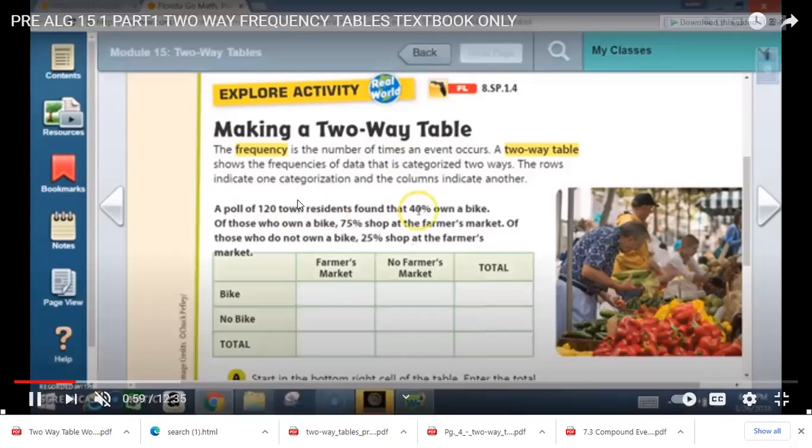Then, once we have a table and we want to know how we can read a two-way table, we are going to look at the two categories which we will work with. In this table in front of us, we have two categories. Can anyone tell me what the two categories are? Yes, Yahana.